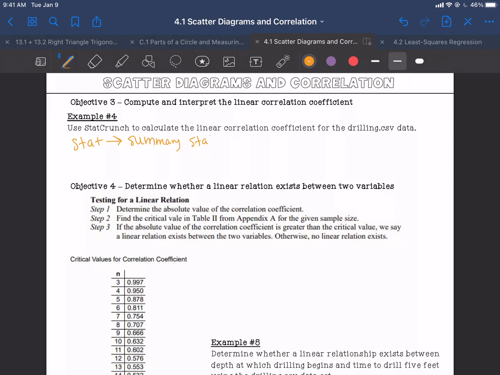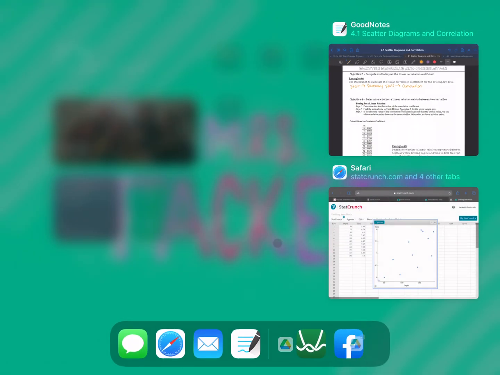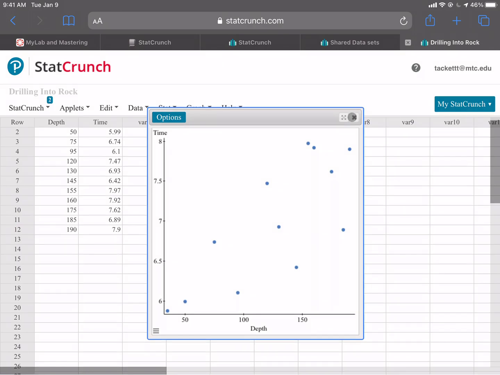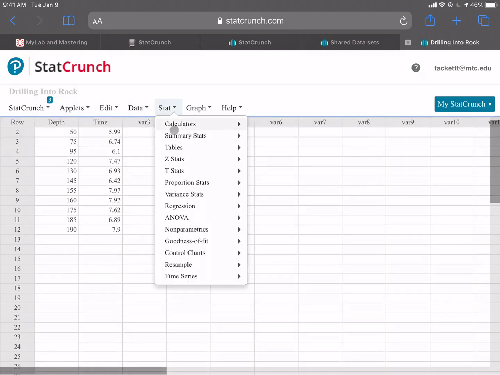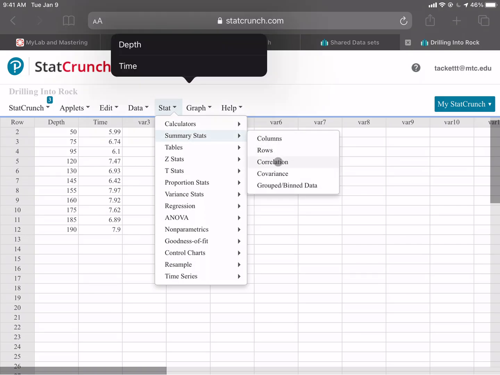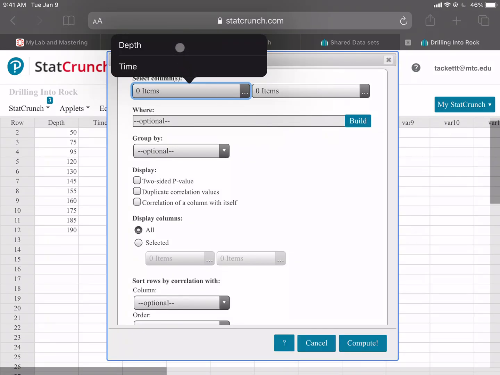And at this point, we're used to clicking on columns, but we're going to click on Correlation instead. So we're going to go to Stat, Summary Stats, Correlation. It does not matter which one's the X and which one is the Y. You're still going to get the same correlation coefficient between the two, so I'm just going to select both of those.